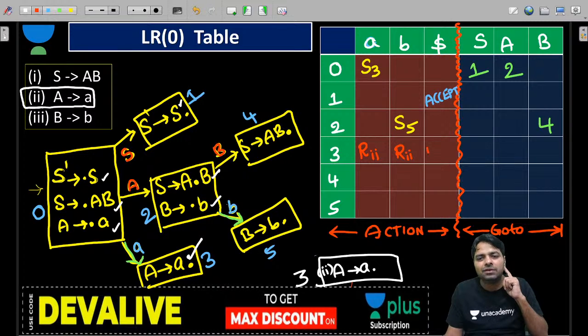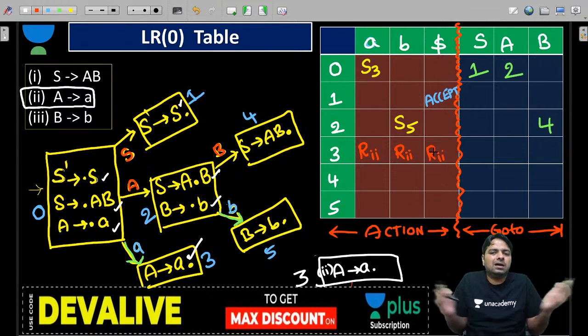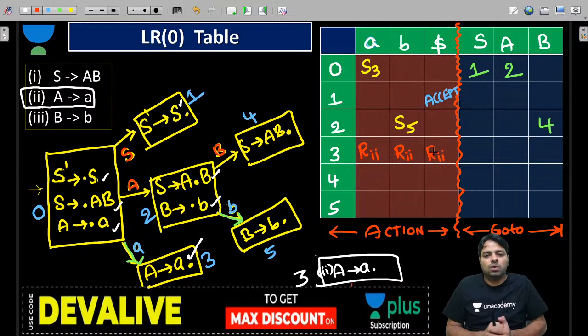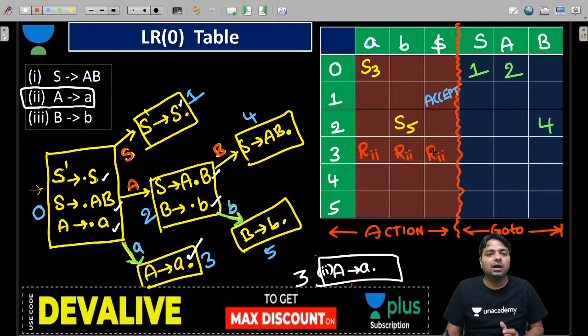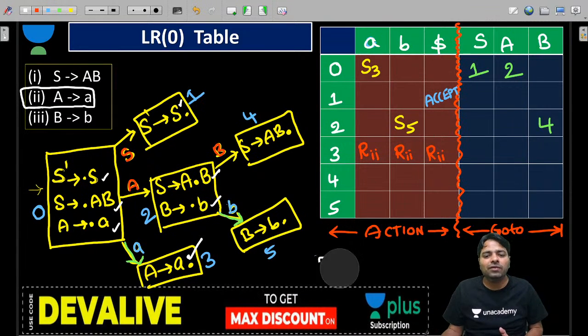Because I don't have the power of follow. I can't see who my next follower is. So in the entire action row, I say that my production number 2 is reduced. R2 means A to A is going to be used in the reduction. Clear on this point? Now it's not over yet. Only one item we have seen. Look at the next.